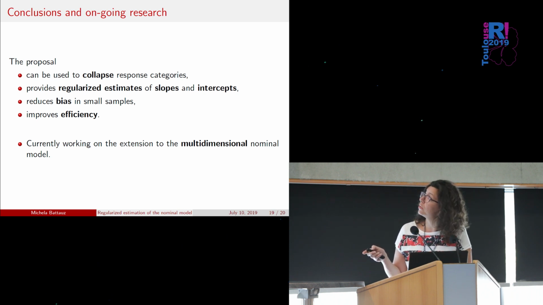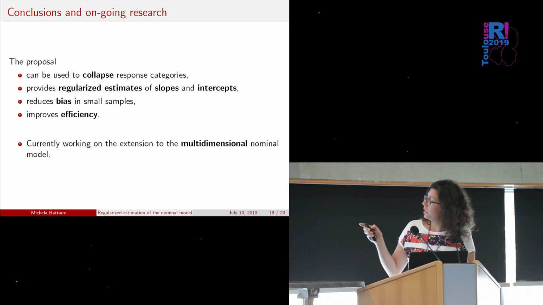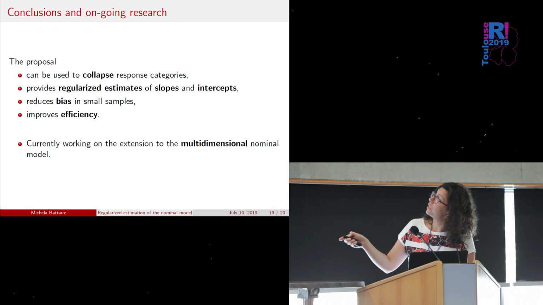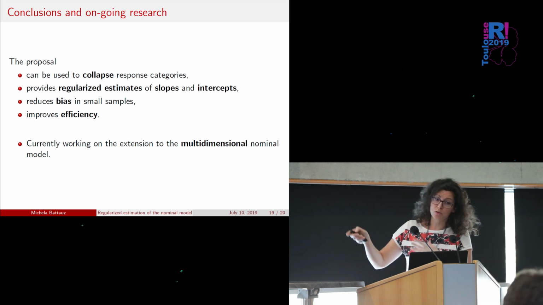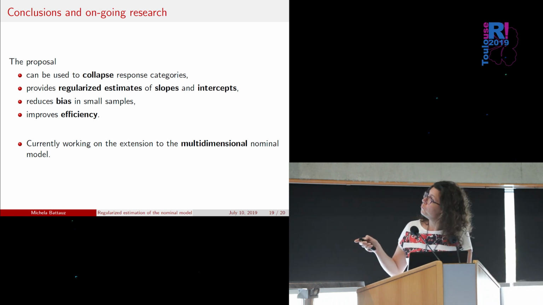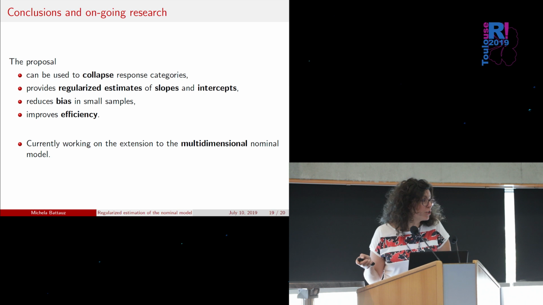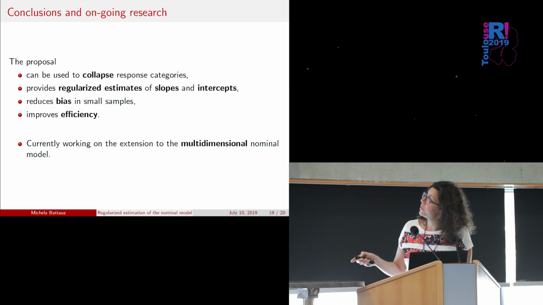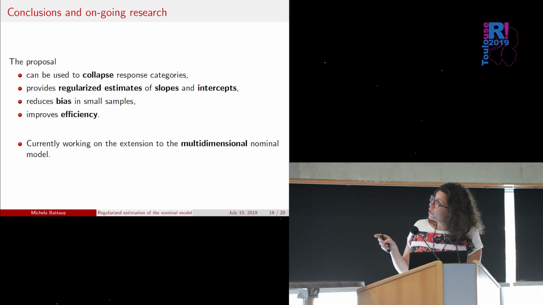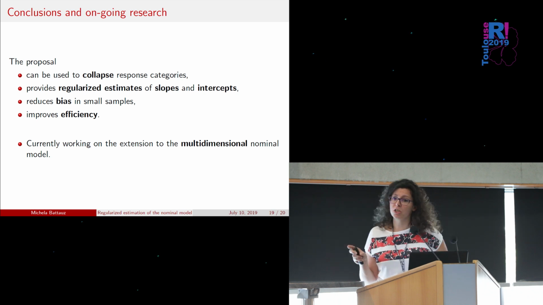If we go back to these figures, we can see that the intercepts, here it is not very apparent, but the dashed lines tend towards 0 as well. And it reduces the bias and improves efficiency, especially in small samples. And I am currently working on the extension to the multidimensional case of this model.